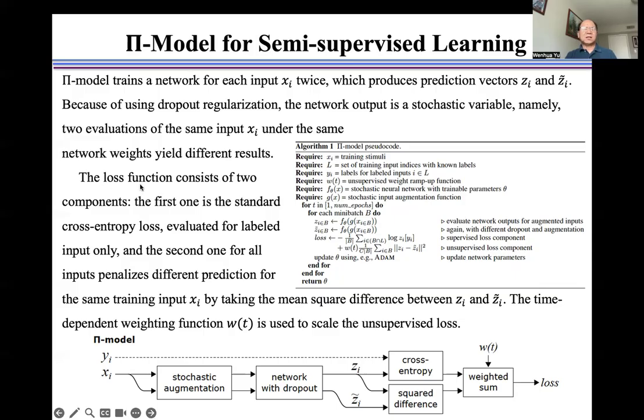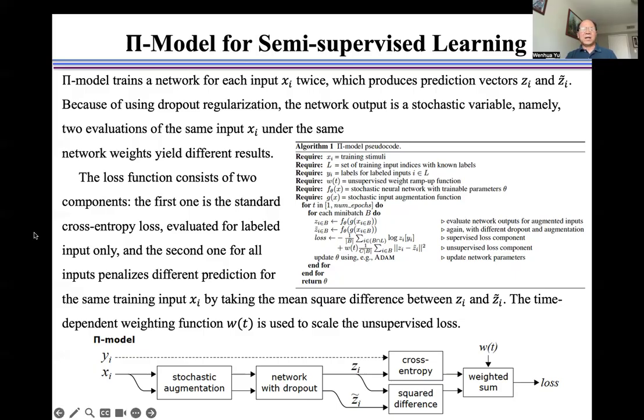The loss function consists of two components. Namely, the first one is the standard cross-entropy loss, evaluated for labeled input only. And the second one, for all inputs, penalizes different predictions for the same training input x_i by taking the mean square difference between z_i and z_i tilde.